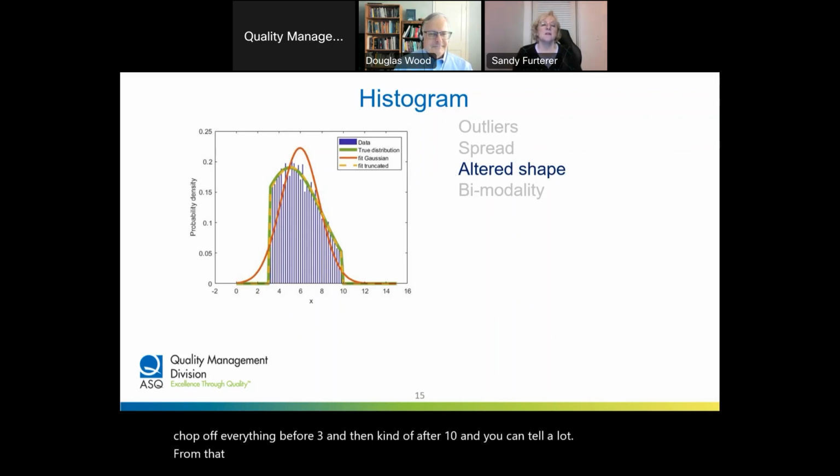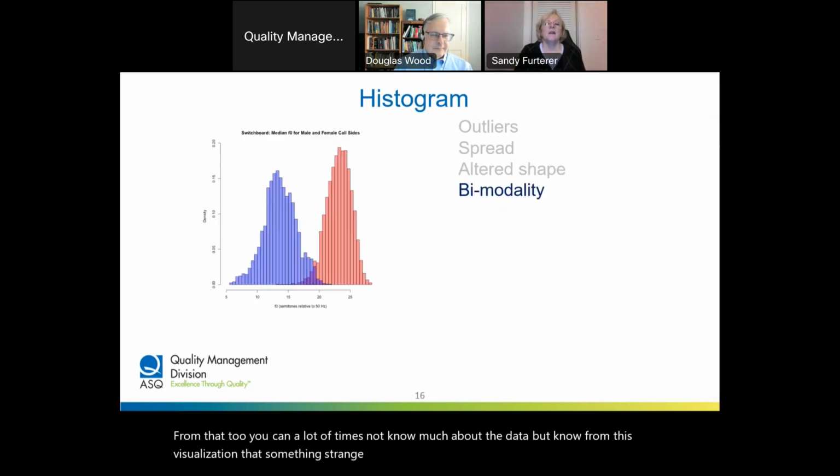A lot of times you may not know much about the data, but know from this visualization that something strange is happening. And then these good old bimodal types of graphs where they are combining distributions. Really common is to combine shifts of data.